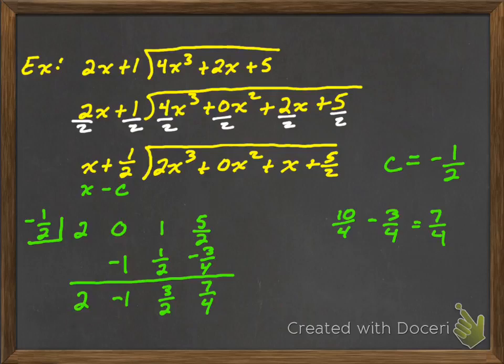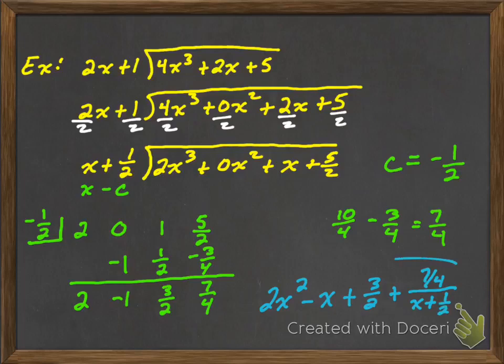So that is going to be 2x squared minus 1x plus 3/2 plus 7/4 over, and then what we divided by was this right here. That was the last division problem that we had. So that's going to be over x plus 1/2.